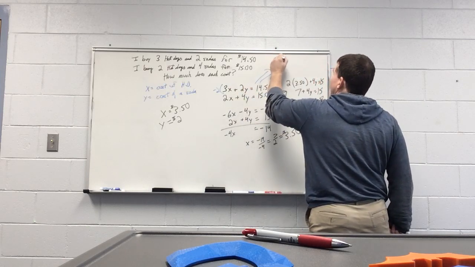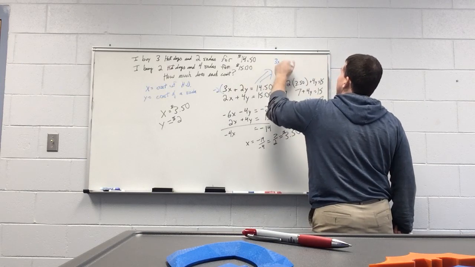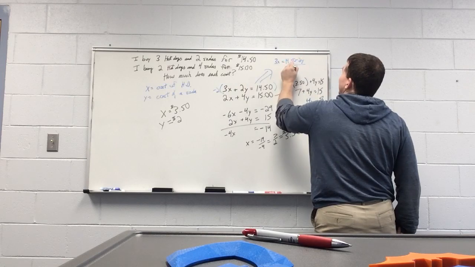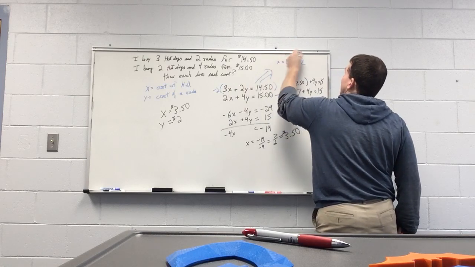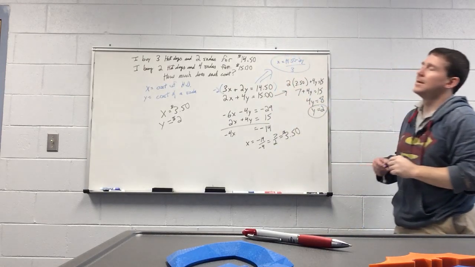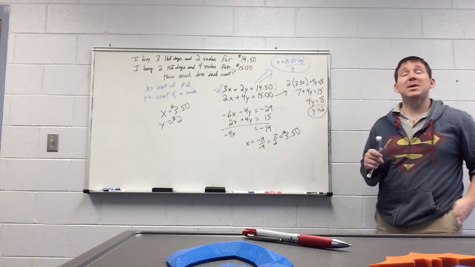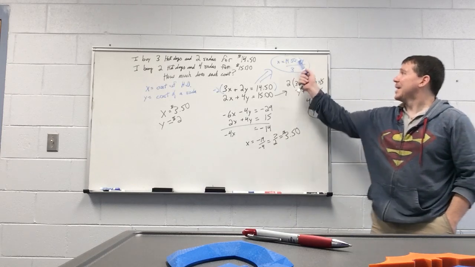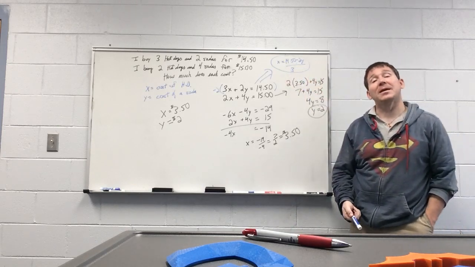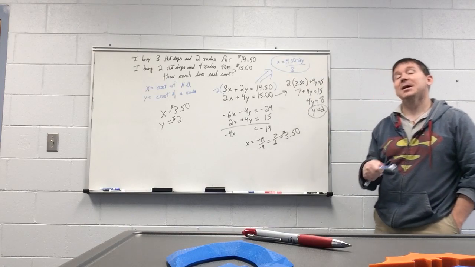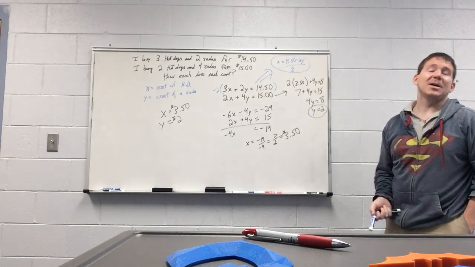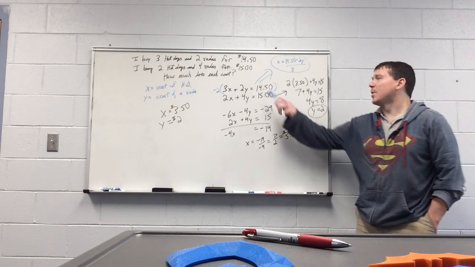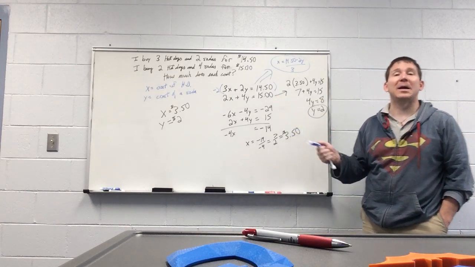You would get 3x equals 14.50 minus 2y, then divide by 3. And your relationship between the two variables would look something like that. You could say x is 14.50 minus 2y over 3, and then generate one equation. The problem is, that's really not something you're coming up with off the top of your head. So it makes more sense to just use two variables.